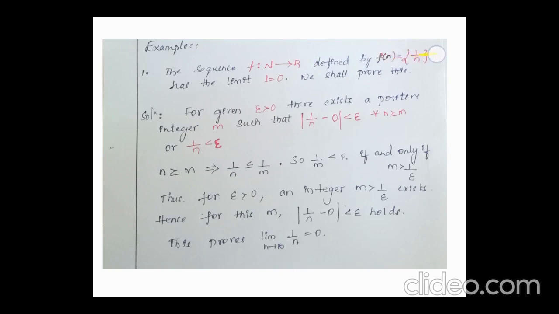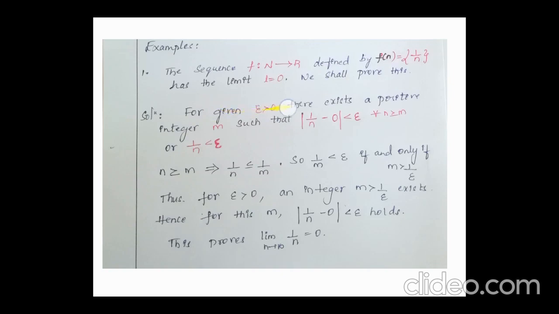So our sequence is 1 by n, and the limit L is equal to 0. We shall prove this now. We have to show that the limit as n tends to infinity of 1 by n is equal to 0, meaning this sequence is tending to the limit 0. Let us go to the solution.